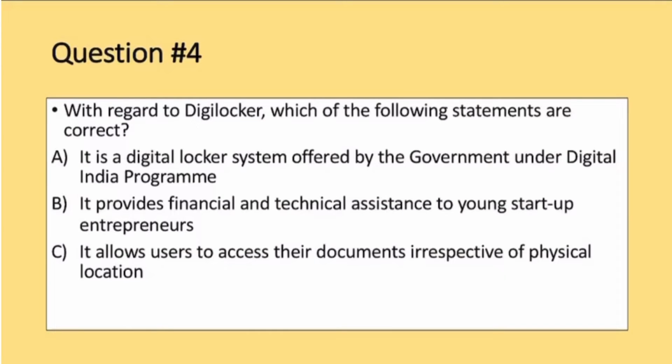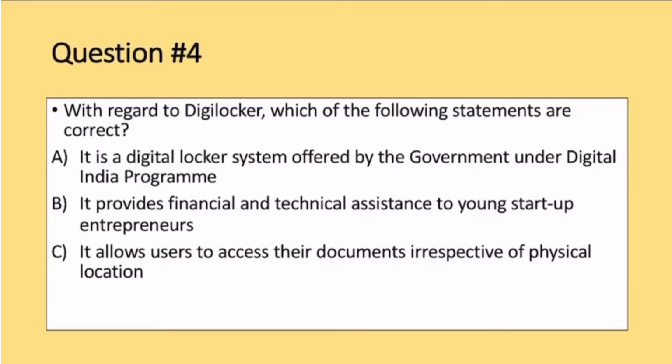Next, question number 4. With regard to DigiLocker, which of the following statements are correct? We know DigiLocker is for important documents and certificates. We can share, we can verify, and we can store these certificates there. So, option A, it is a digital locker system offered by government under Digital India program. Yes, this statement is correct. B, it provides financial and technical assistance to young startup entrepreneurs.